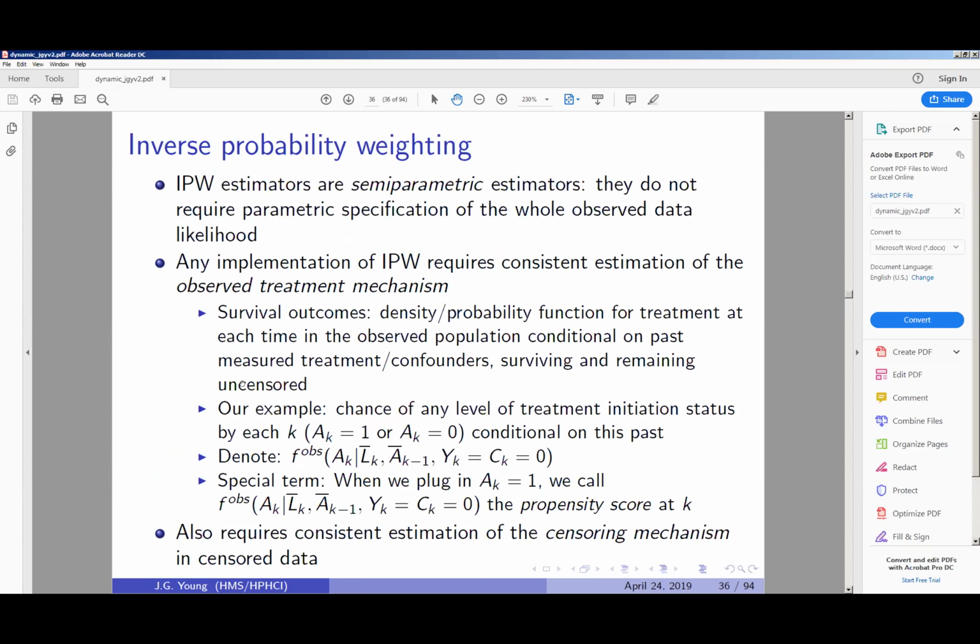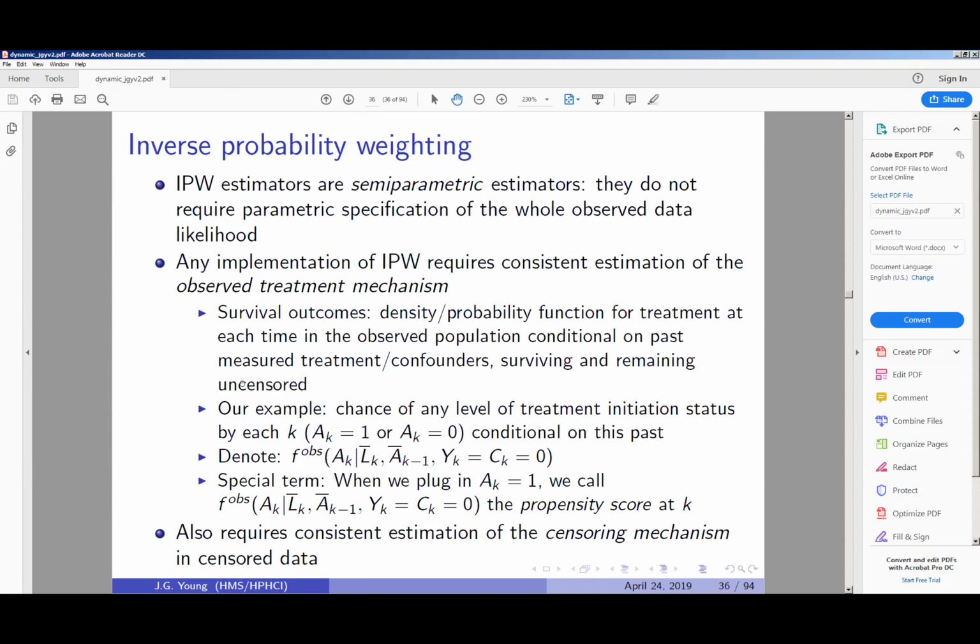So now we're going to talk through and motivate inverse probability weighting, as well as various implementations of inverse probability weighting. And I'll just note that a lot of these choices within inverse probability weighting also apply to TMLE. So IPW estimators are what we call semi-parametric estimators, in that they don't require parametric specification of the whole observed data likelihood.